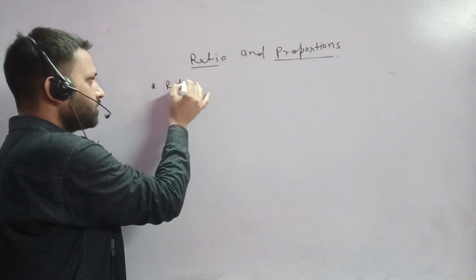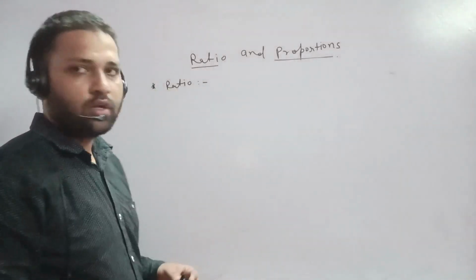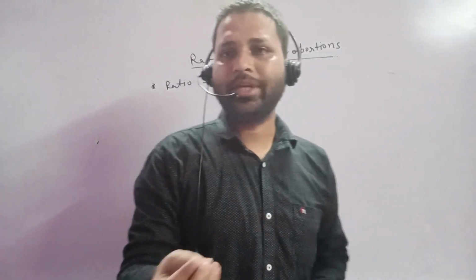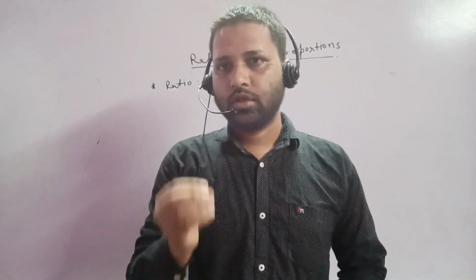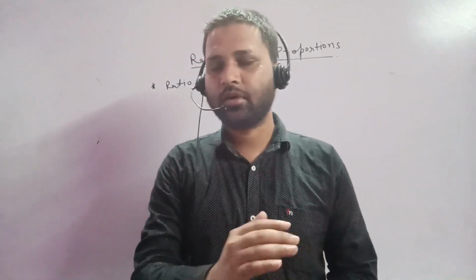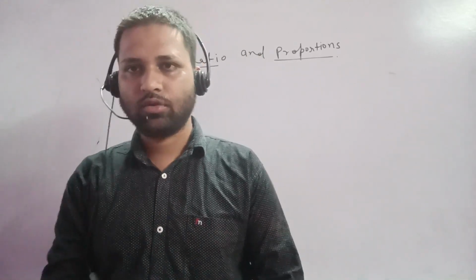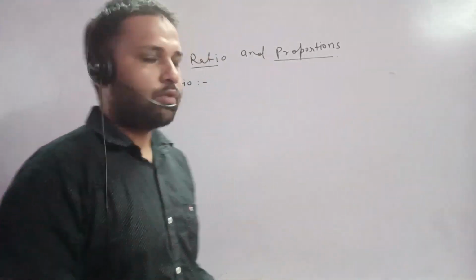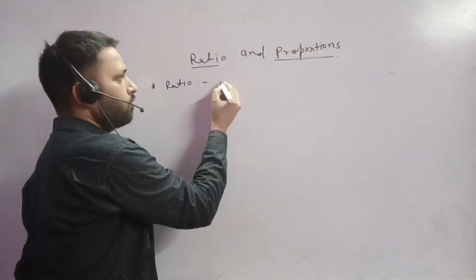What is a ratio? Ratio means when we compare two quantities of the same unit, how much greater than or less than it is, that is called ratio. Now we write here the definition.